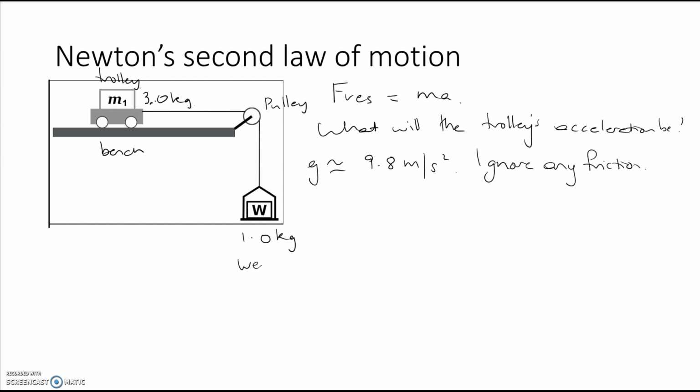So I've got the weight force down here. The objects that are going to accelerate are the 3 kilo trolley and the 1 kilo mass, because they're tied together. And because they're tied together, they're going to have the same acceleration. Let's look at the total mass that we've got accelerating.